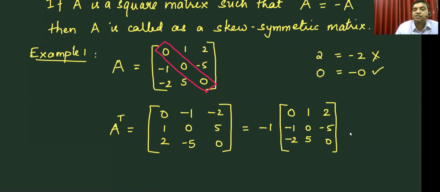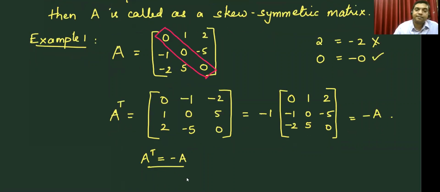This is same as A, right? So A transpose is equal to minus A. That means it's a skew symmetric matrix. We call it a skew symmetric matrix.